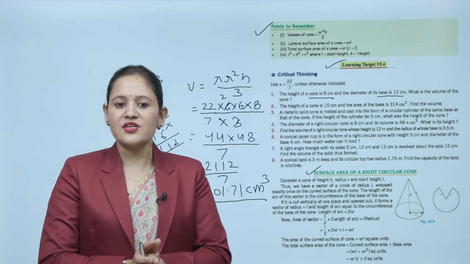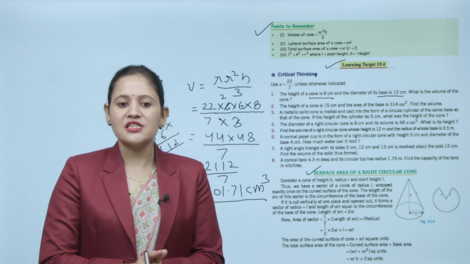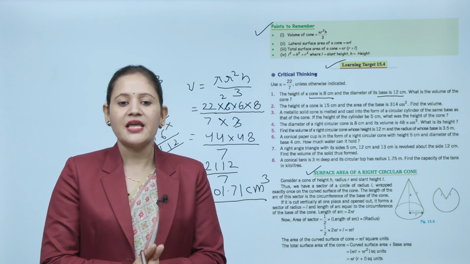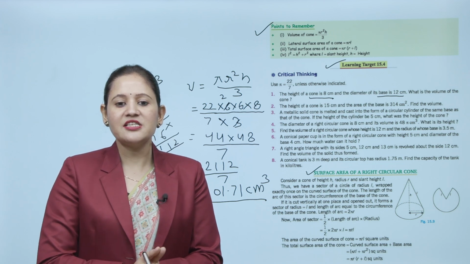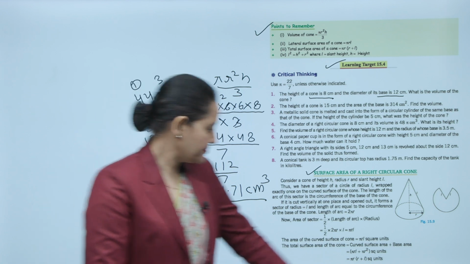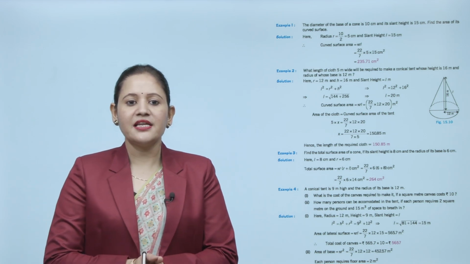So the area of the curved surface of the cone will be pi r l square units, and the total surface area of the cone will be curved surface area plus the area of the base. That is pi r l plus pi r square square units, which equals pi r (r plus l) square units. Let's take an example.